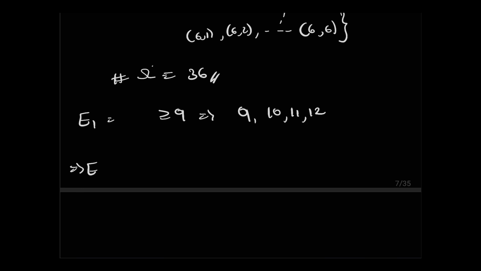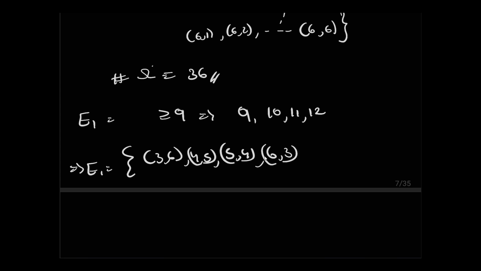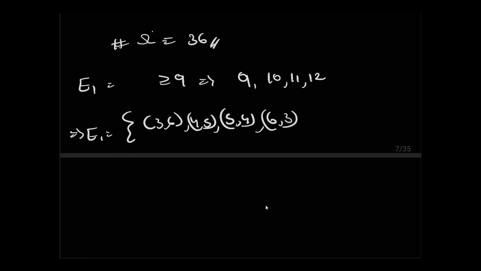Therefore event E1 will be the pairs whose sum is 9: 3 comma 6, 4 comma 5, 5 comma 4, and 6 comma 3. For sum 10 it will be 5 comma 5, 6 comma 4, and 4 comma 6.